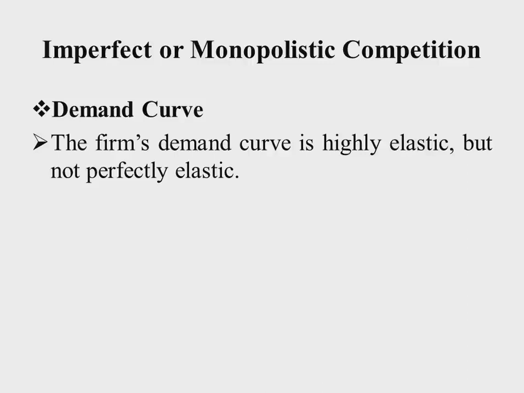And because the firms are selling similar items, they have some degree of competition, deviating away from monopoly, meaning that the demand curve is more elastic compared to the demand curve we observed under monopoly.